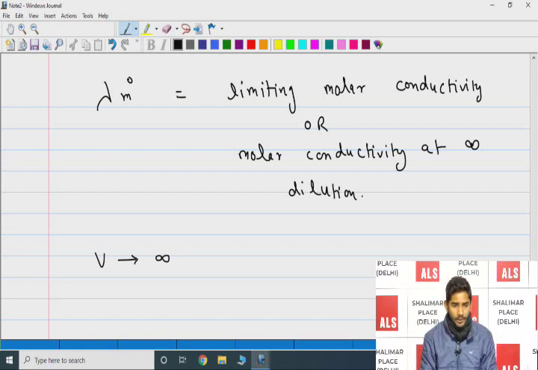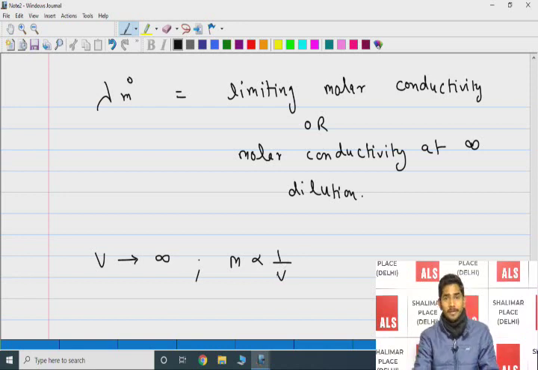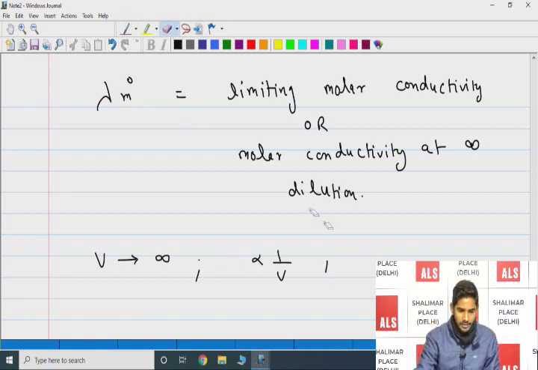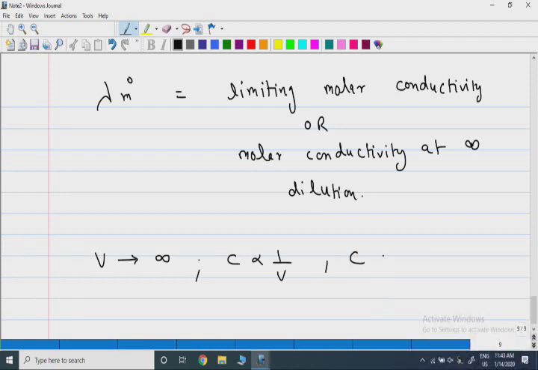Molarity is inversely proportional to the volume, and if something is inversely proportional to infinite, because I'm putting the value infinite in place of the volume, then M, or the concentration, which I'll simply write as C, tends to 0.